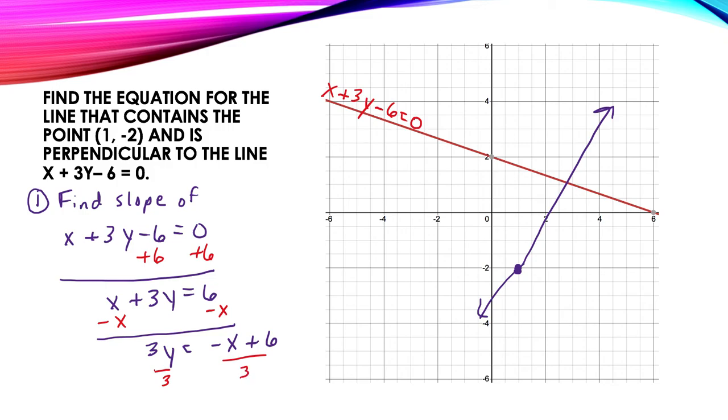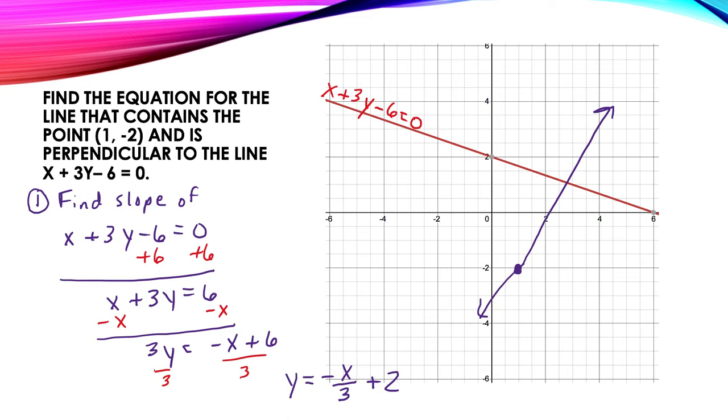And so our equation is going to look like y is equal to, and I'm going to break this up over the 3, so I've got a negative x over 3, and I have 6 over 3, and we know that 6 over 3 is really just 2. Okay, so now we have the equation in the right format.